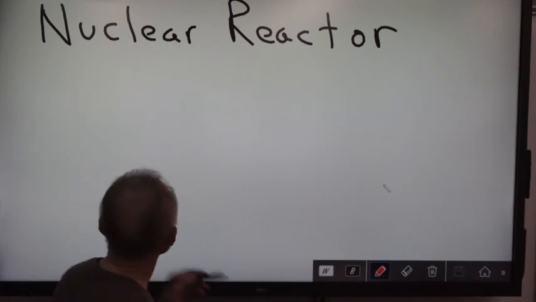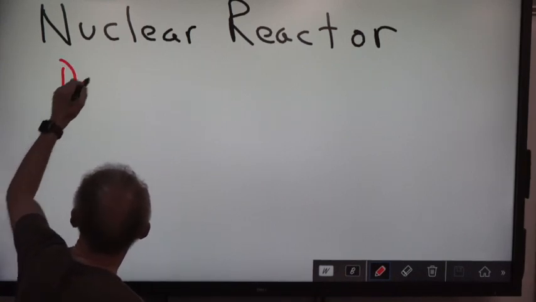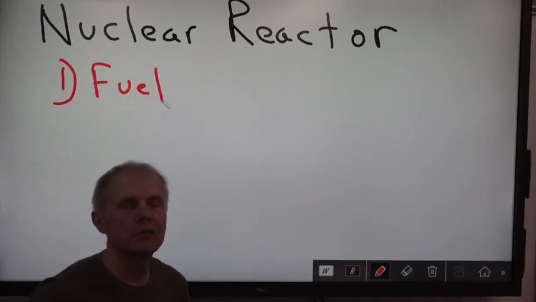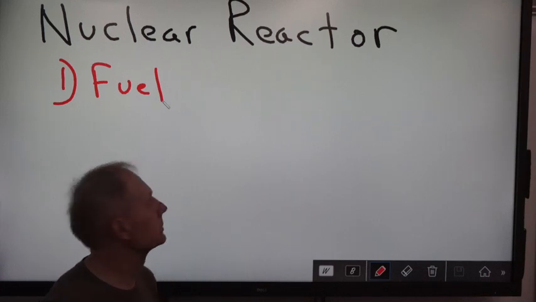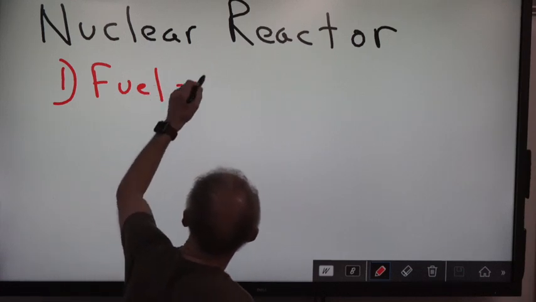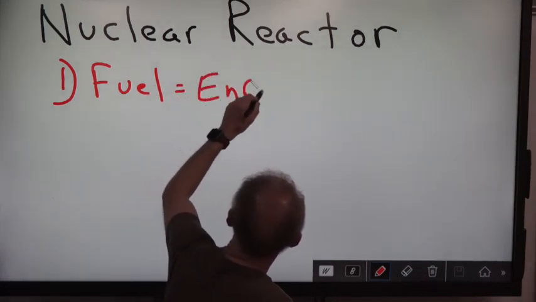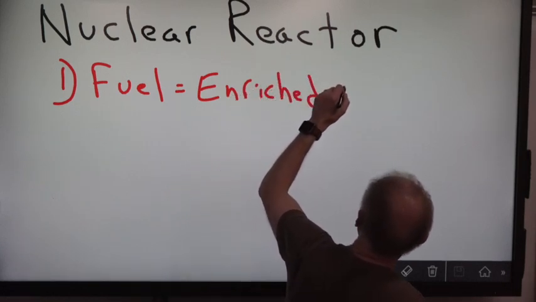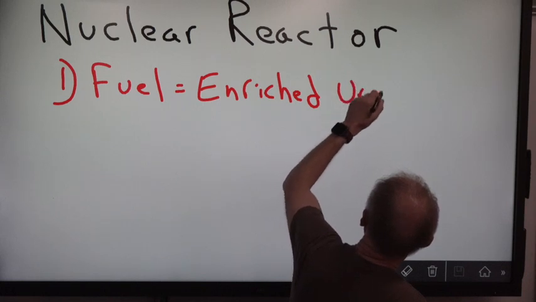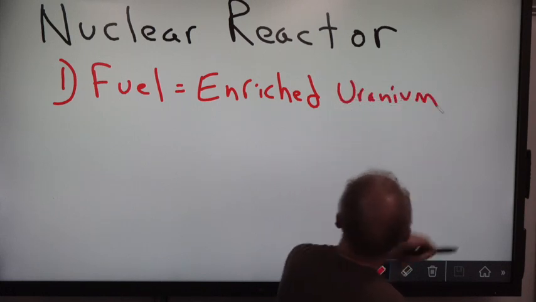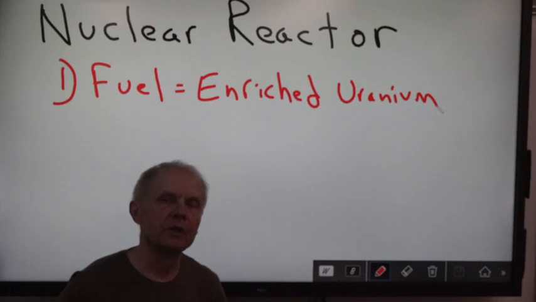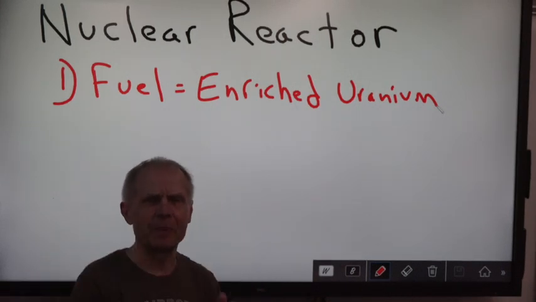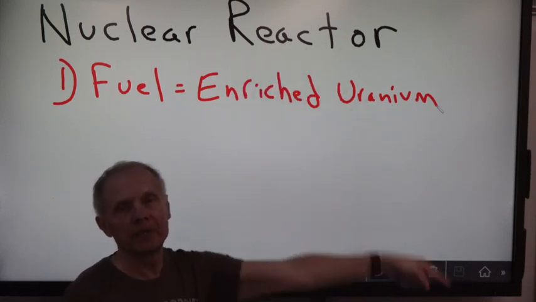So, the fuel for most nuclear reactors is called enriched uranium. So instead of putting these fuel pellets, and they look like those little things at the bank, you know, where you put them in and they get sucked up and they go around.